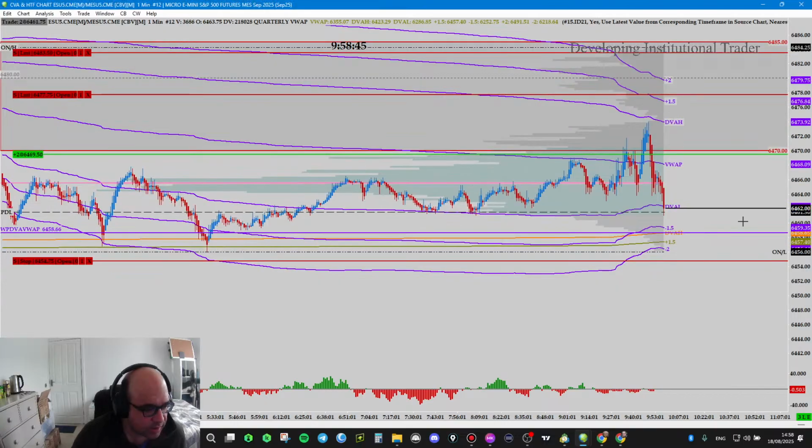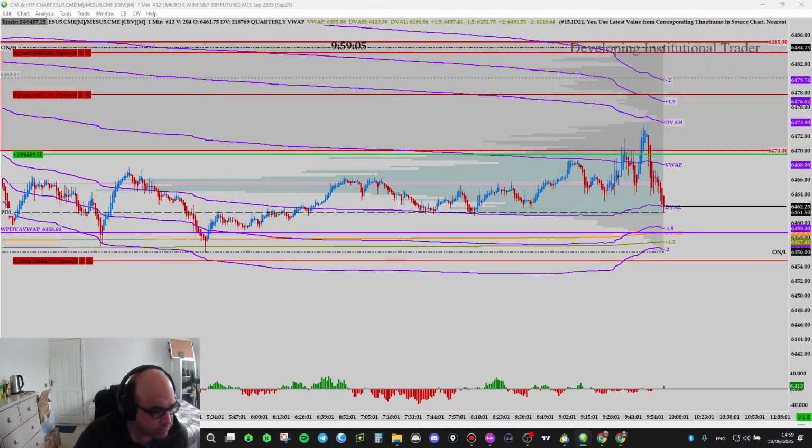And if we go below here, I'm going to be interested in shorting that big area until the 64.38, probably 64.41. Let's see if it's going to fail or not.